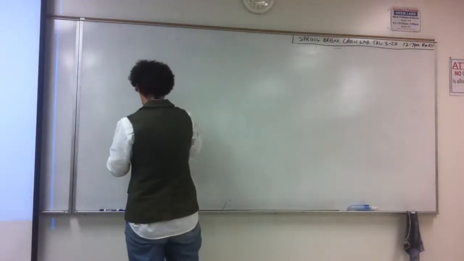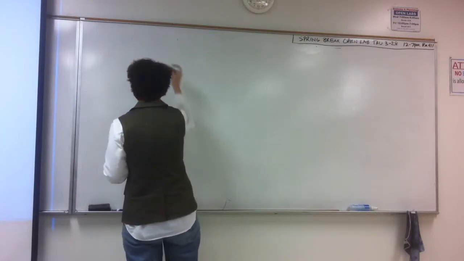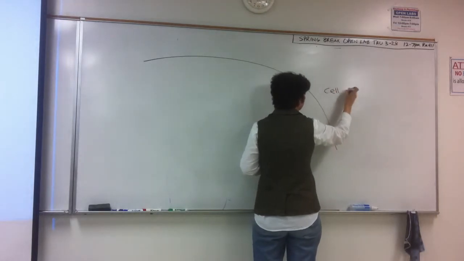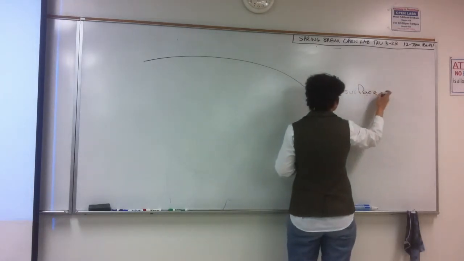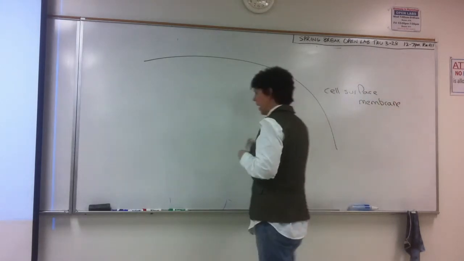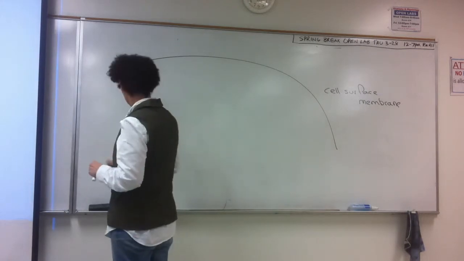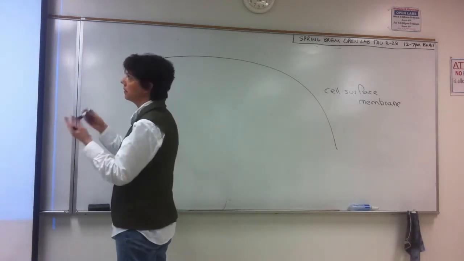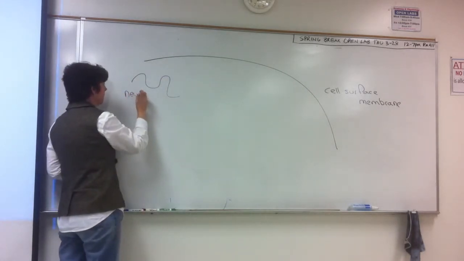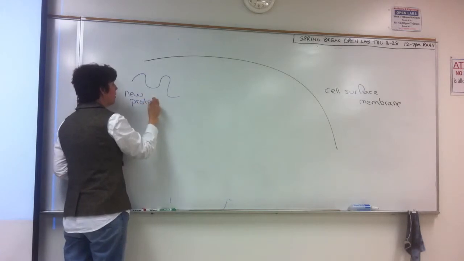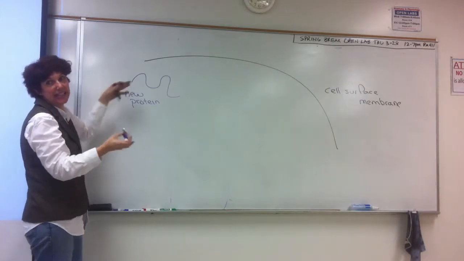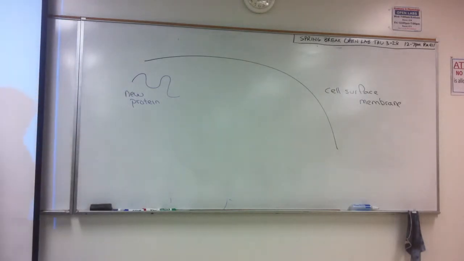So we have our cell membrane. So this is the cell surface membrane. The cell's ribosomes are making a protein which is going to be functional within the cell. This is our endogenous peptide, okay? Because the cell synthesizes it with your DNA.